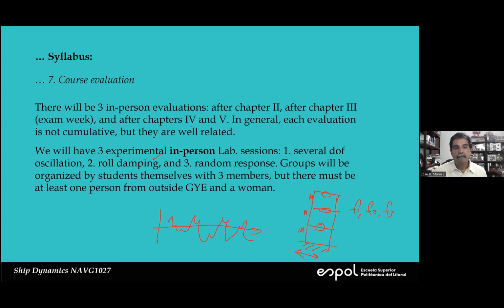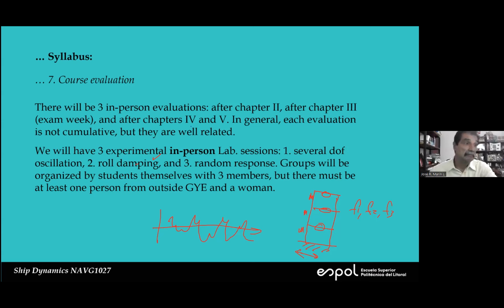Now, groups of 3 people. How many students do we have here? Andy? In total, 19. Okay, so we could have 6 or 7. 21, Doctor, sorry. 21, so it's about 7 groups.